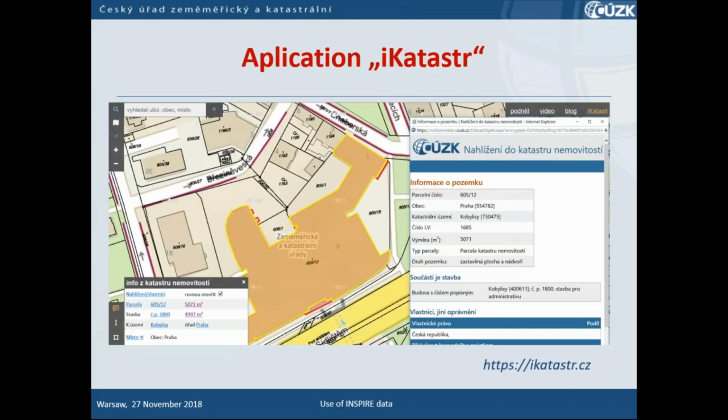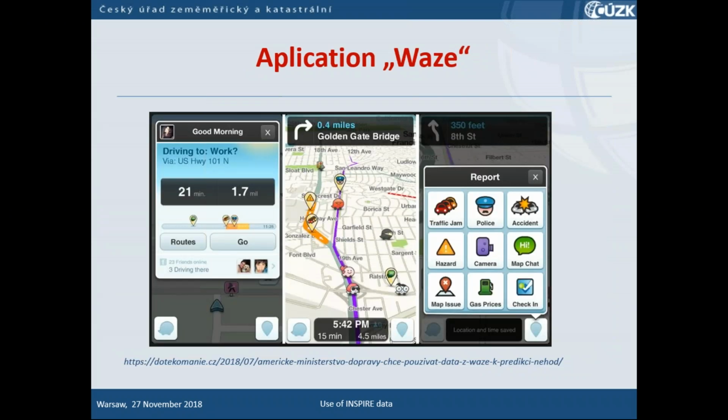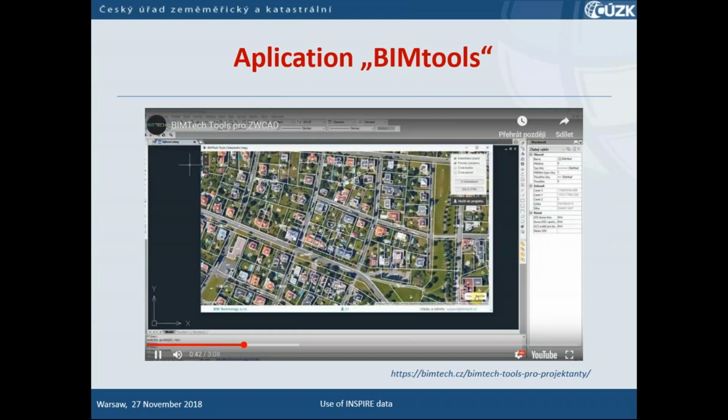One of them is iCataster, which publishes information from the cadastre about parcels. The application uses data about addresses and names of streets from us, and probably applications for building information management use our services too.